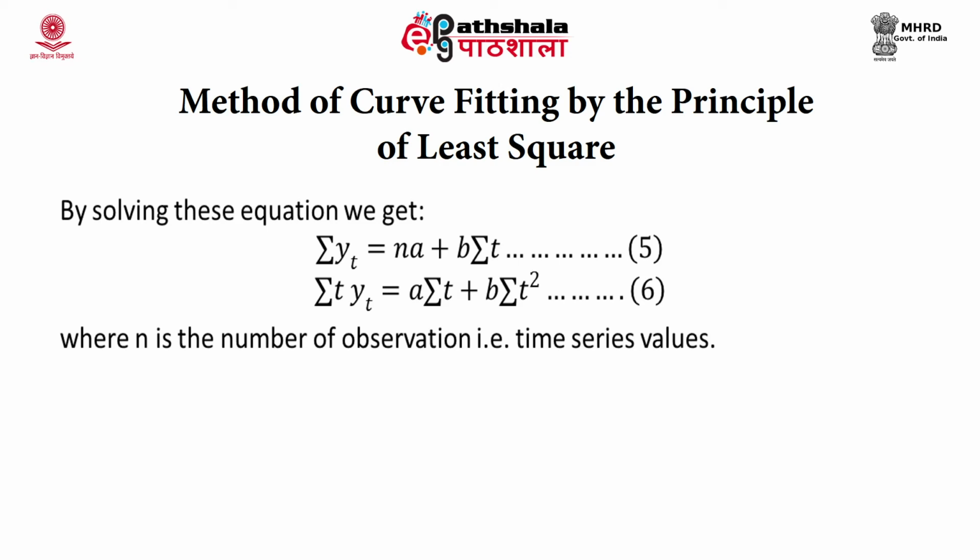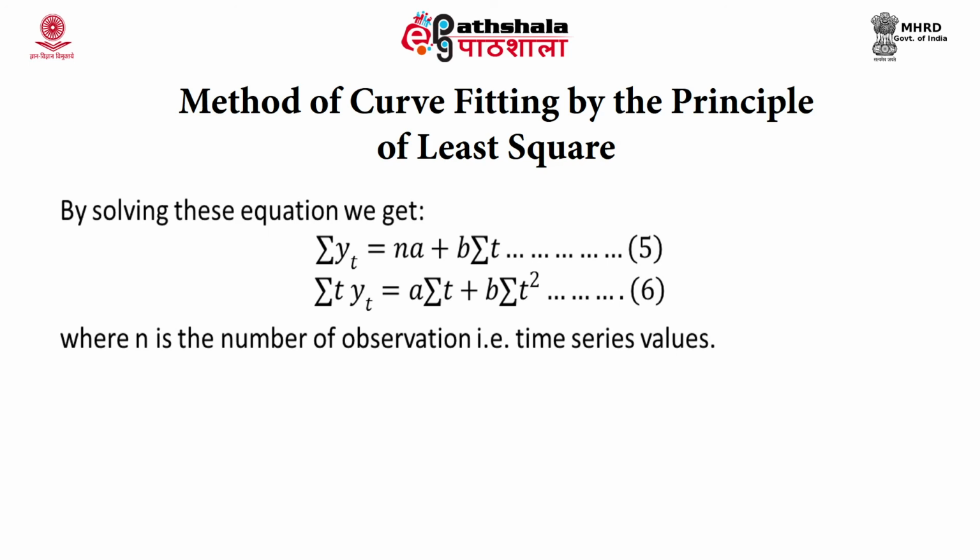In this example, we have years given in the first column and production given in the second column, and t denotes year minus 1994. You will get these values if you subtract 1994 from 1990 and similarly so on.